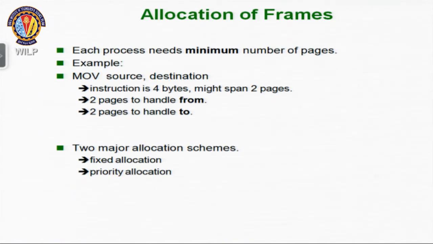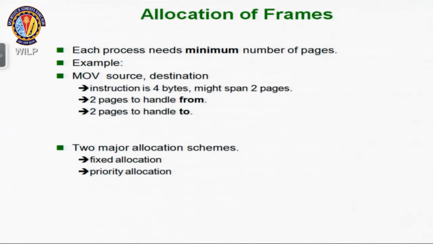Part of an instruction would reside in one page and the next part of the instruction will reside in the next. So out of 4 byte, it is possible that 1 byte is in a first page and 3 bytes are in a second page, and it can be of any combination: 2 byte in a first page and 2 byte in second, or 3 byte in first page and 1 byte in the second, and so on. So there is a possibility.